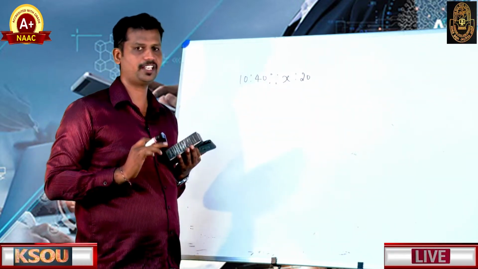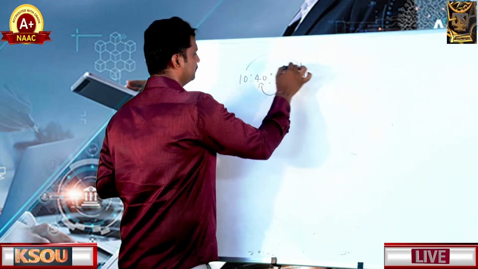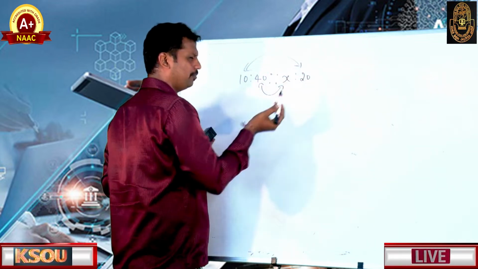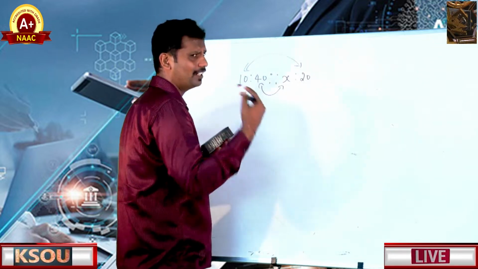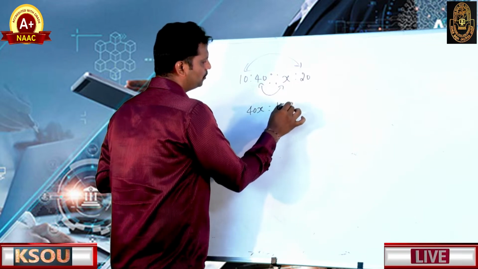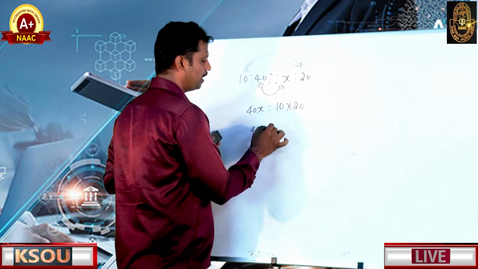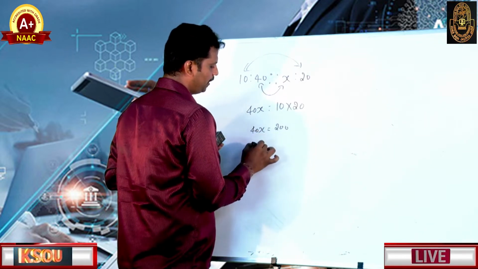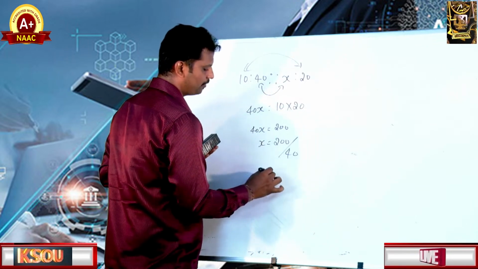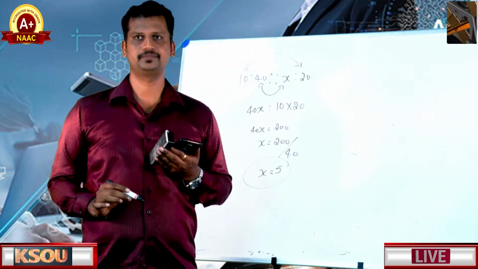Already we know cross multiplication: A into D, B into C. You can write either on the left side or right side, there is no difference. So 40x equals 10 into 20. Then 40x equals 200. Then x equals 200 divided by 40. X equals 5.